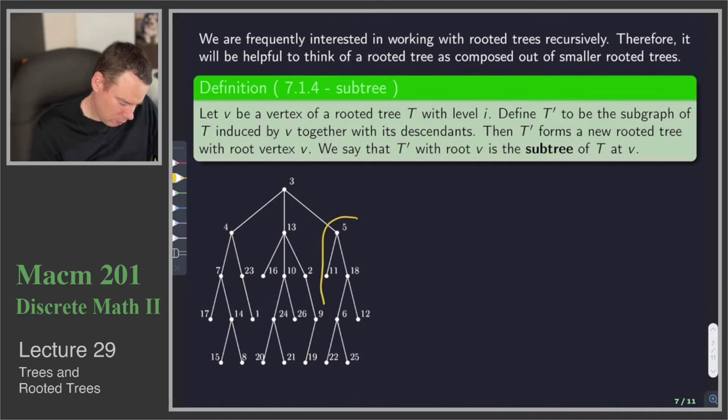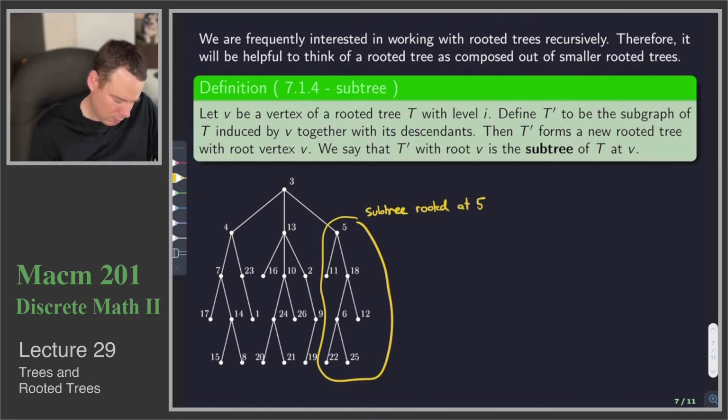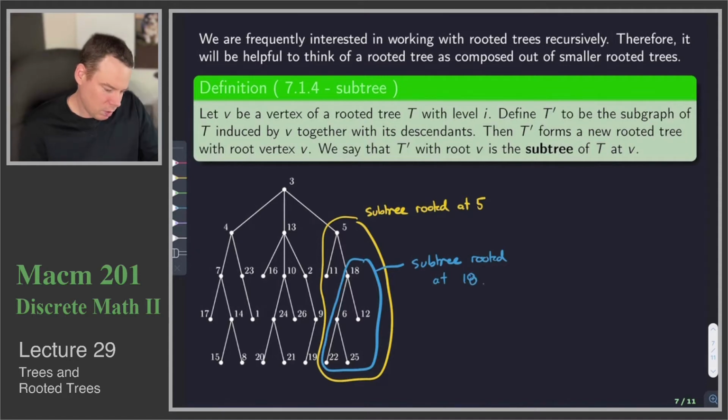So what we can do is we can say, consider the subtree rooted at 5. But then we could also be interested in the subtree of that, which is rooted at 18. So this is basically what our definition above is saying.